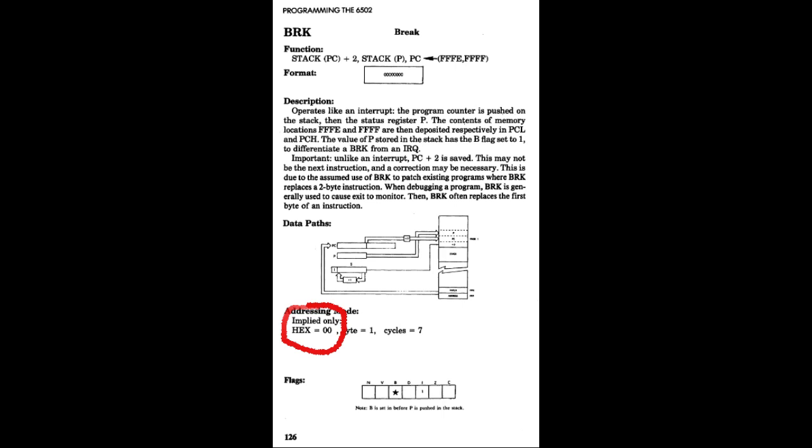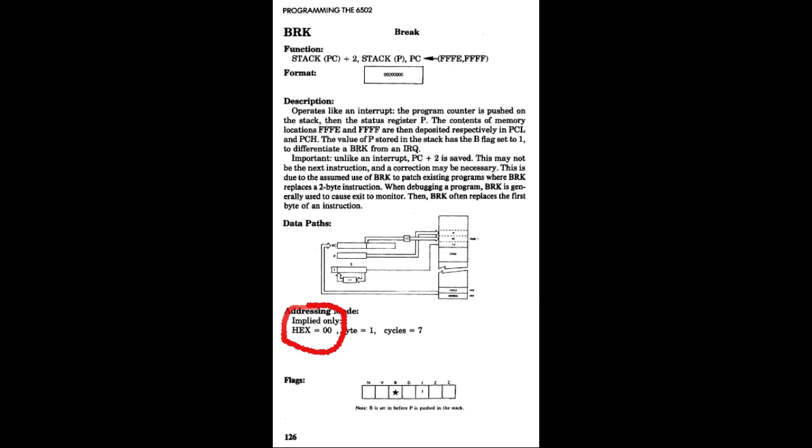Now the next question is what the processor does when reading 00 as an instruction code. Since the 6510 is actually a 6502 core with the added I/O port and some other minor things, 00 is the BRK or break instruction. The description says it operates like an interrupt.